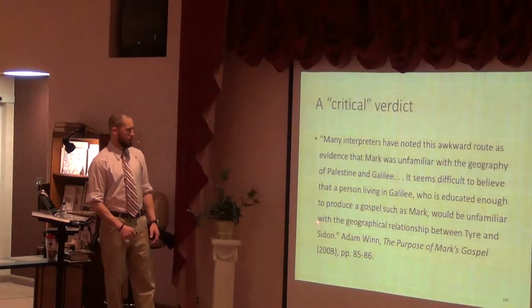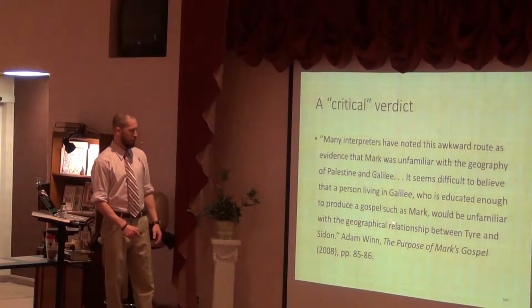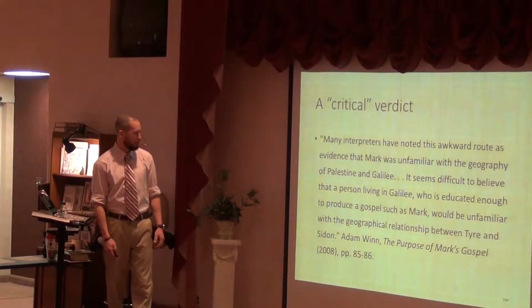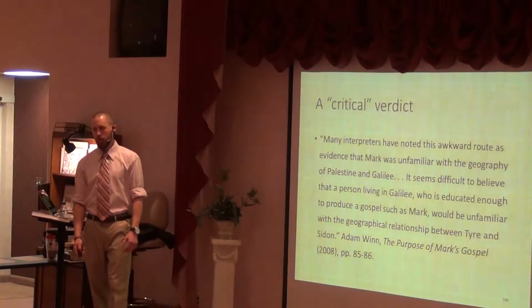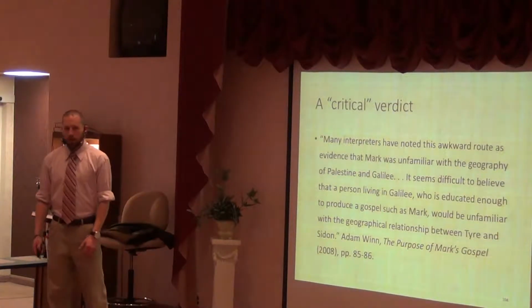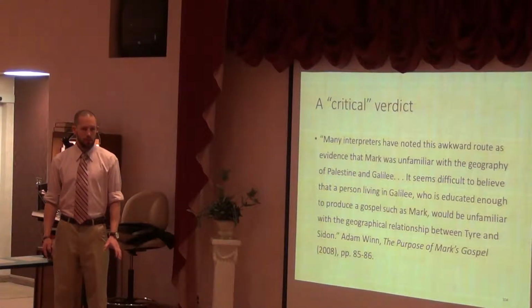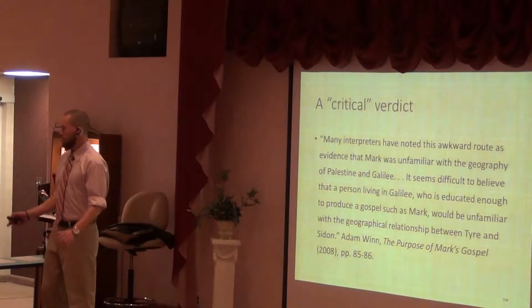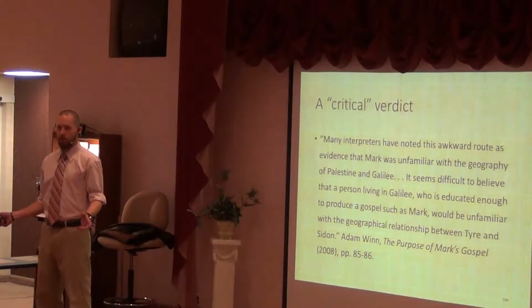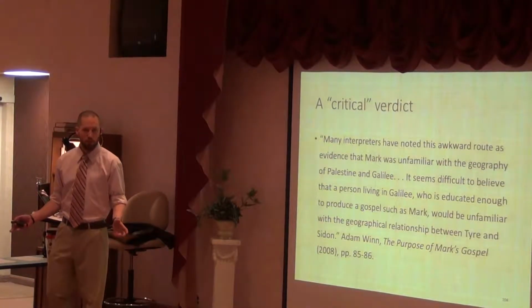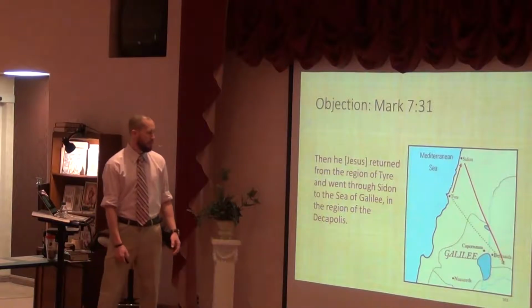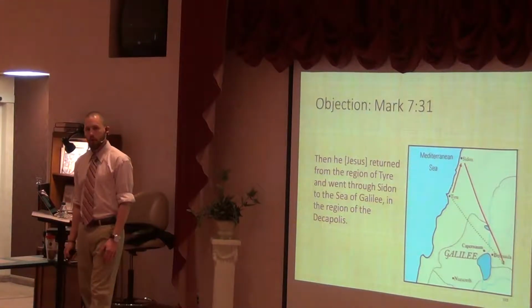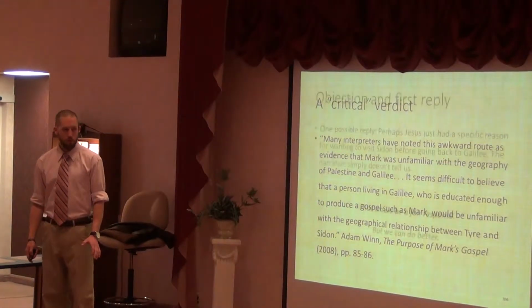So it seems difficult to believe that a person educated enough to produce a gospel would be unfamiliar with the geographical relationship between Tyre and Sidon. Oh yeah, that sounds great. And then you get kind of annoyed when you really study this out, because here's this guy, Adam Winn, who's probably sitting at his desk in some office, and he probably went on Google Maps and pulled up that map, and was like, oh, I'm so smart, when he really should have done a little bit more homework.